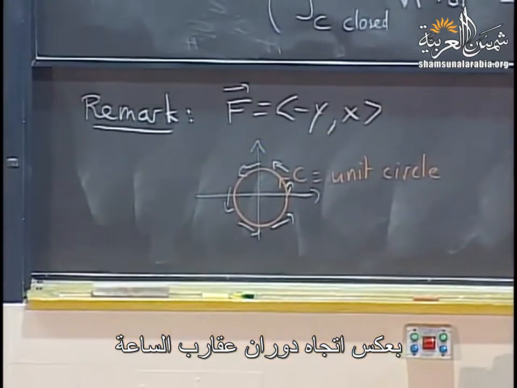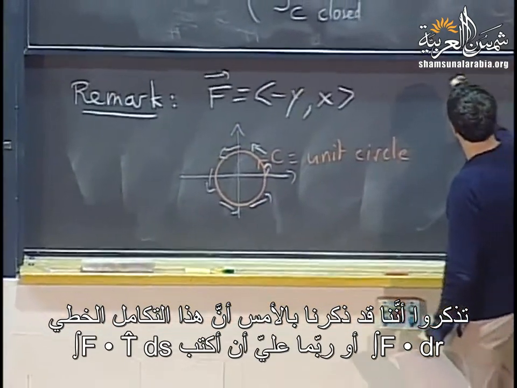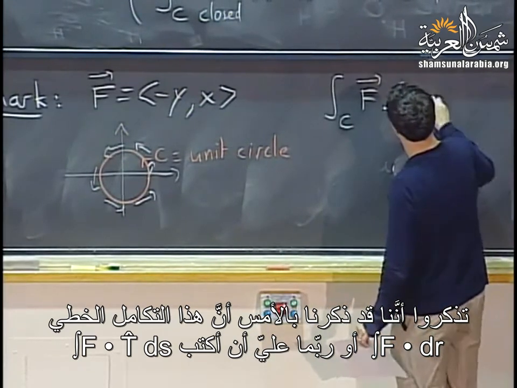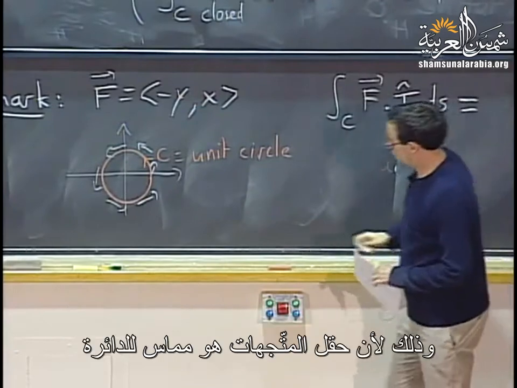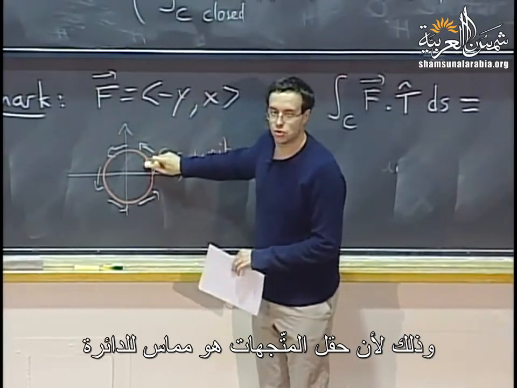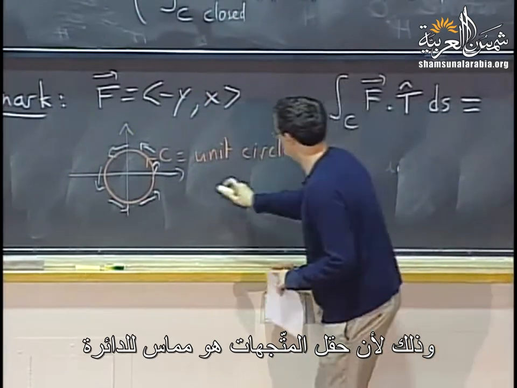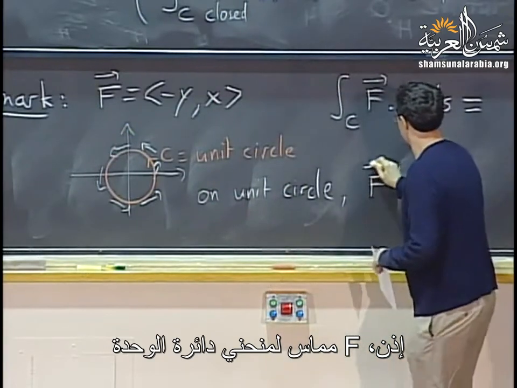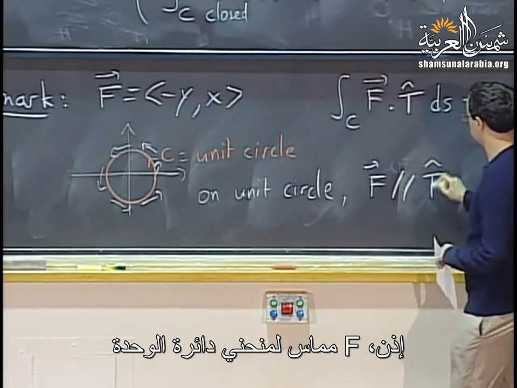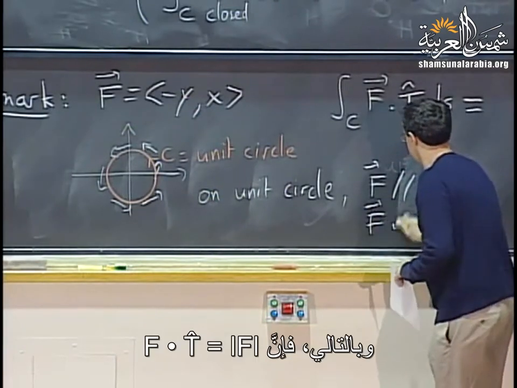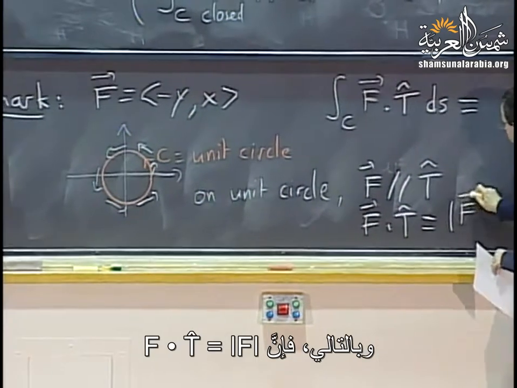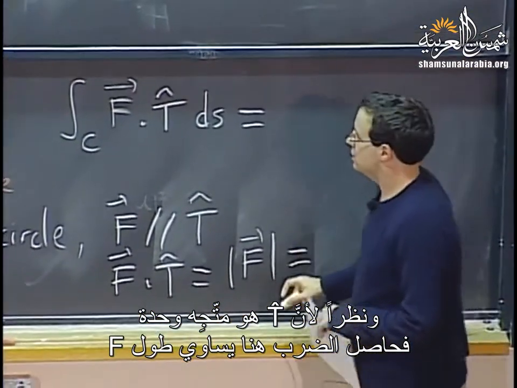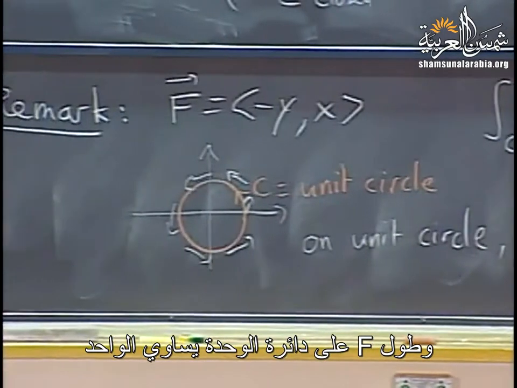for example, counterclockwise. Well, remember we said yesterday that the line integral of f dot dr, or maybe I should say f dot t ds now, because the vector field is tangent to the circle, so on the unit circle, f is tangent to the curve, and so f dot t is length f times length t, but t is a unit vector, so it's length f, and the length of f on the unit circle was just 1.